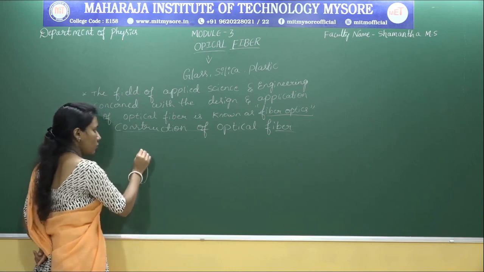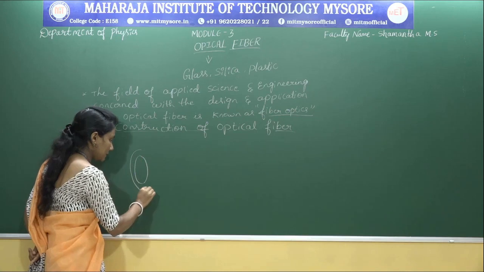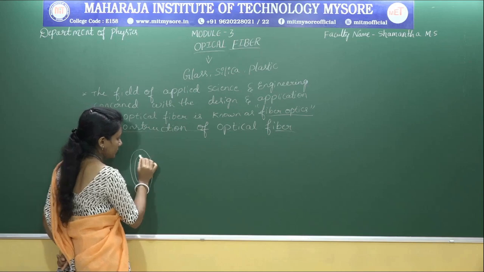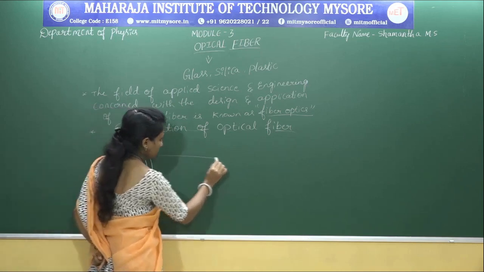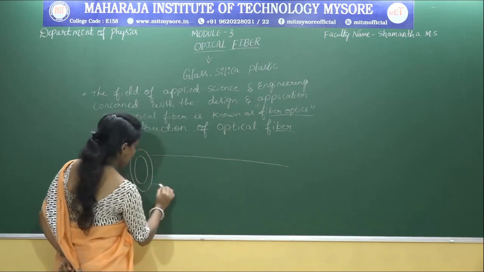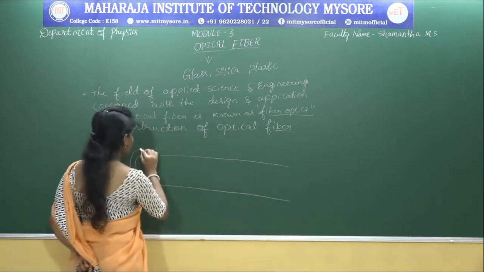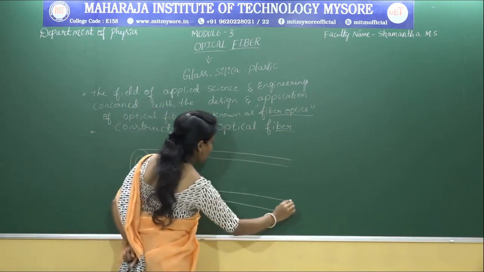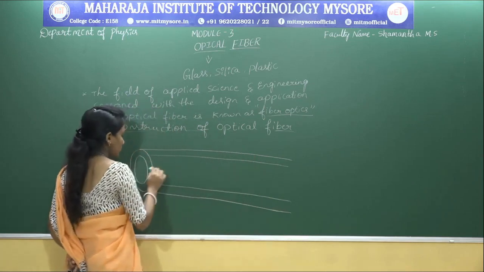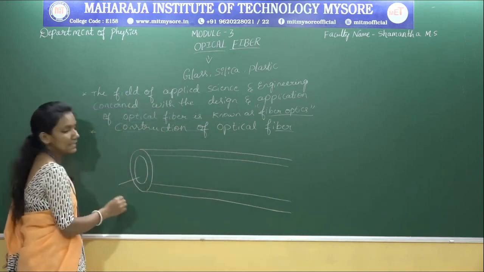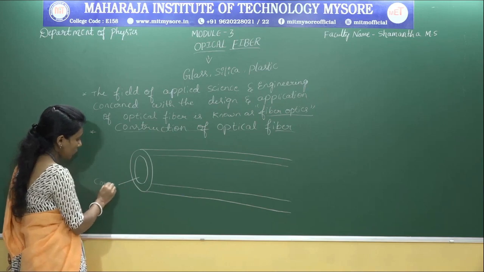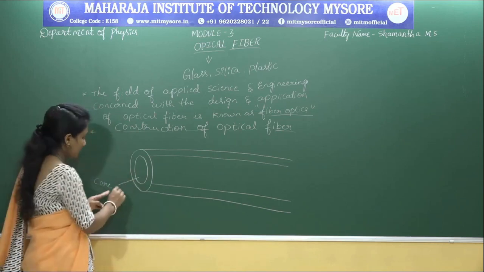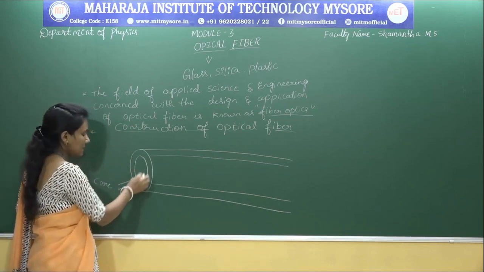Inside is the core and the outside is the cladding. The inner layer we call the core, which has the refractive index N1 and is the denser medium.